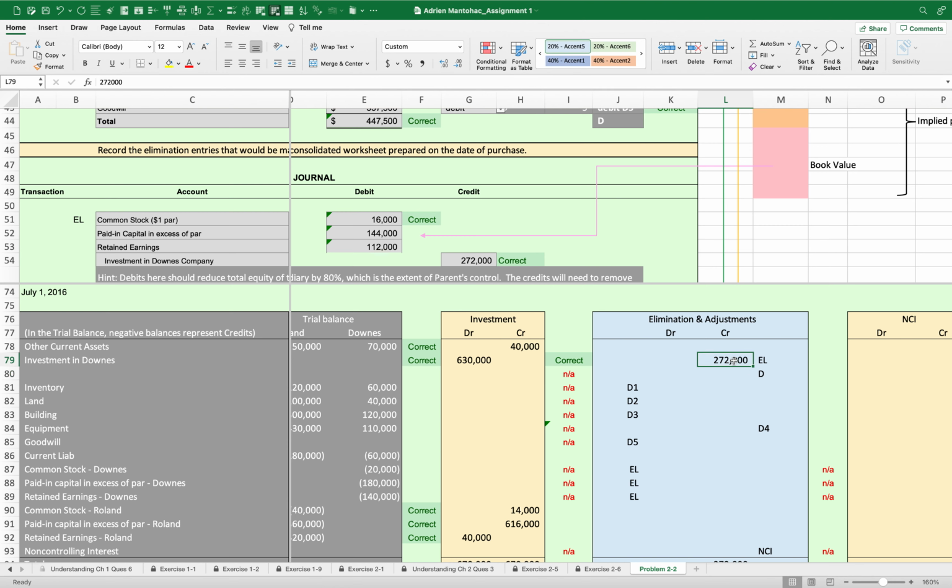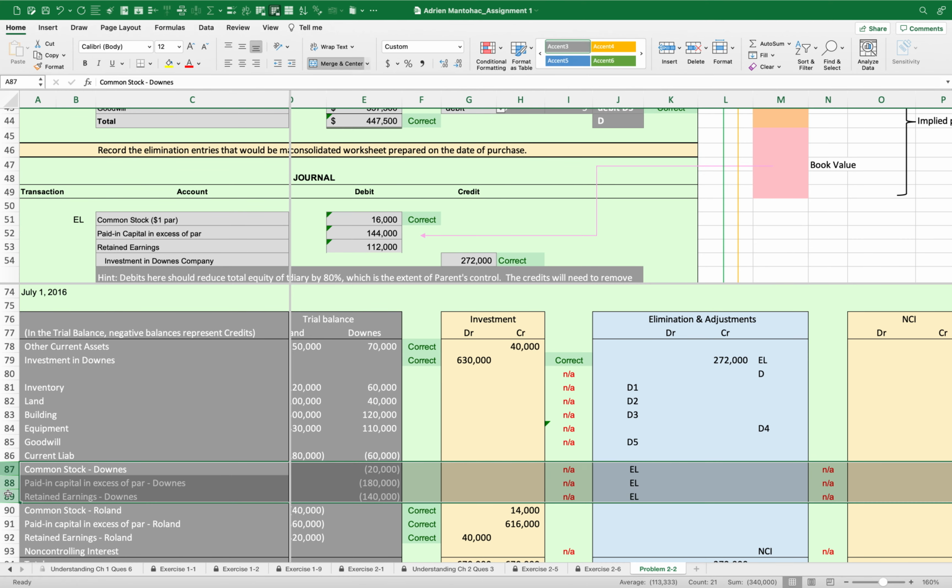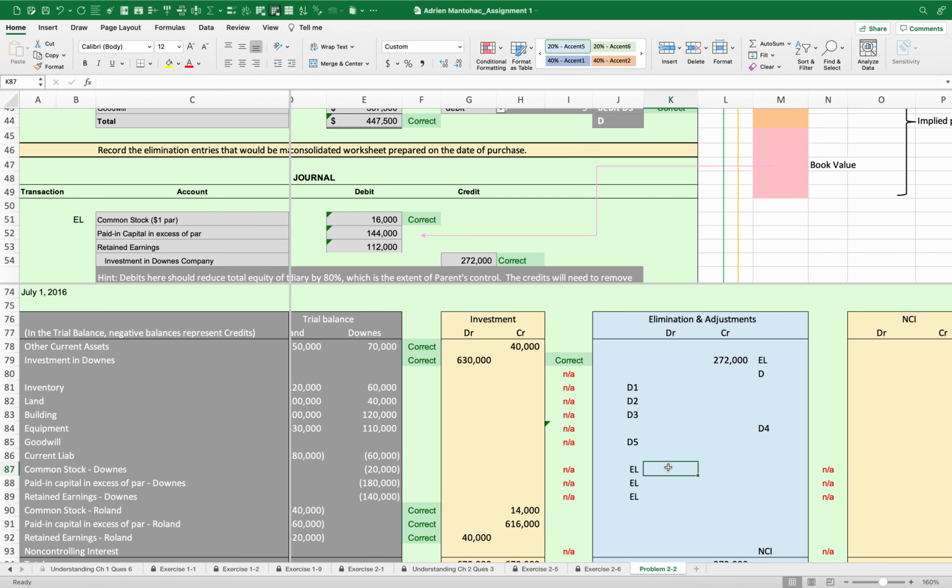And so I hope you can start to see that initially we had a debit of 630,000, and then we are reducing that by 272,000 as part of the elimination process. And the debit side of this reduces 80% of the book value of subsidiaries, which is this down here, subsidiaries equity, right? So that's common stock for them, that's paid in capital for them, and that's retained earnings.